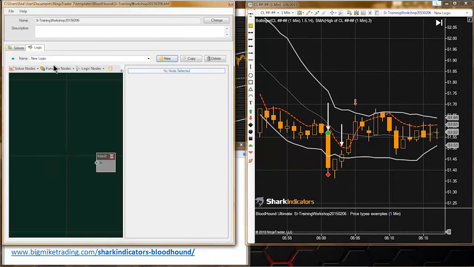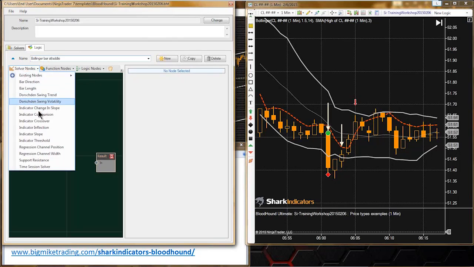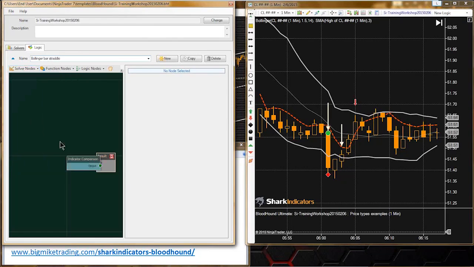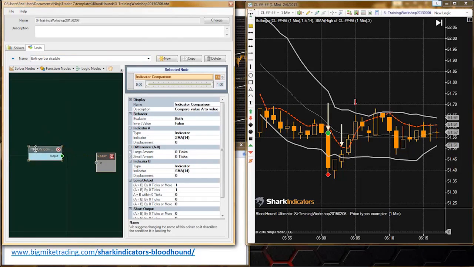Actually, I will just create a new logic template here. Okay, so I'm just going to use a new comparison solver. The first comparison solver, I'll have it check for the high of the bar and compare it to the bands.